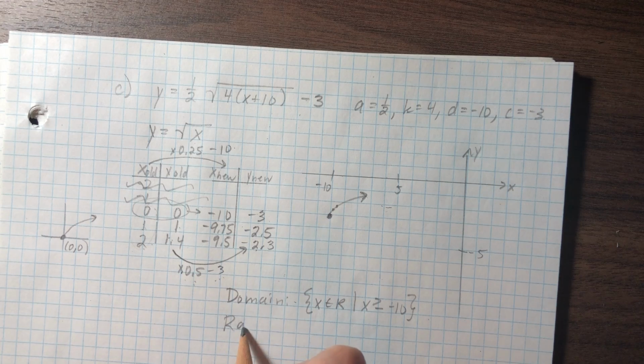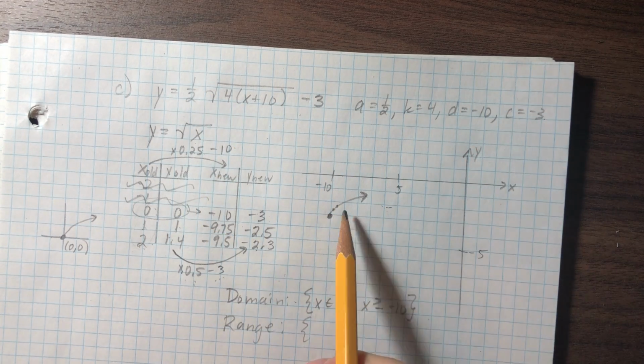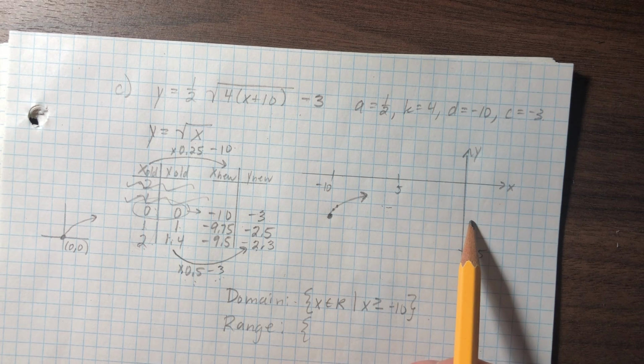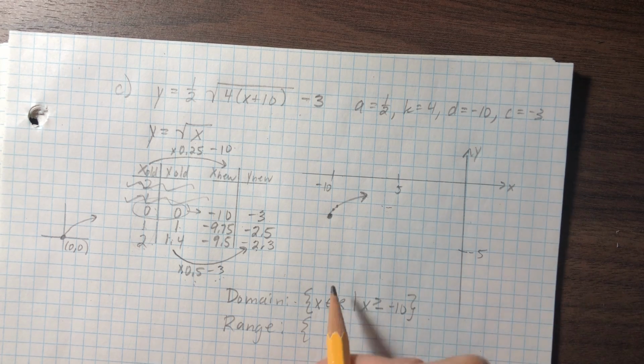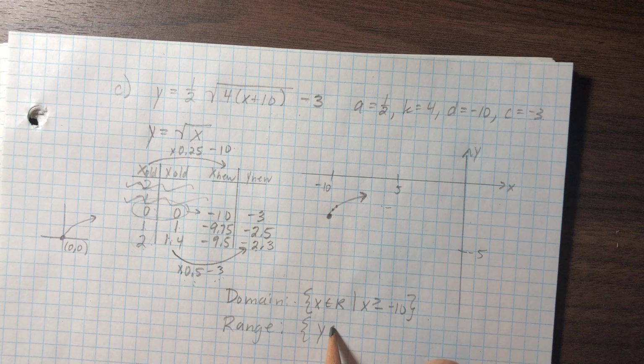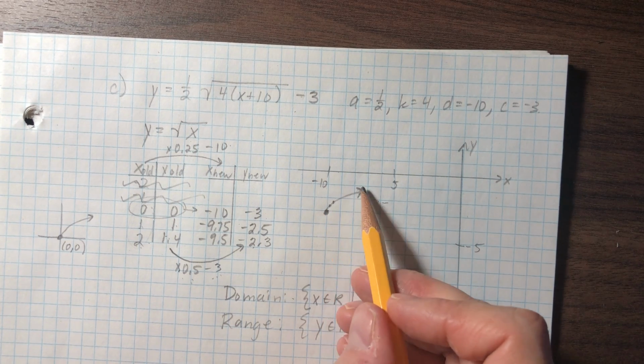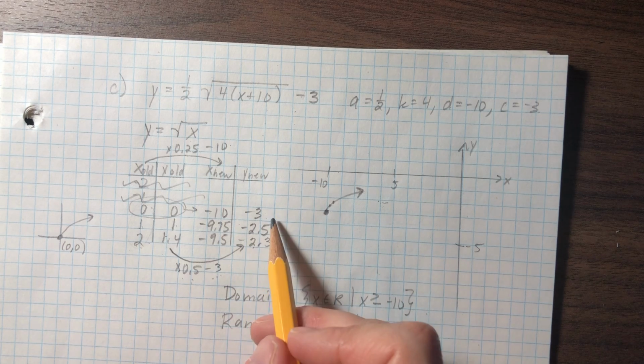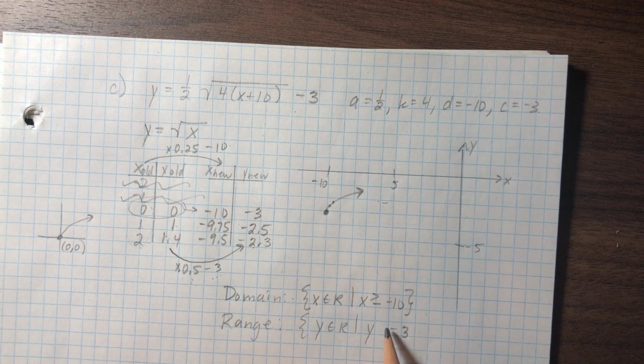For the range, scanning up, it's going to continue growing. Scanning down, it's going to stop over here at a y-coordinate of negative 3. And then the rest of the y-coordinates will be higher than that value. You can even tell from the table that they're higher. So we'll write y has to be greater than or equal to negative 3.